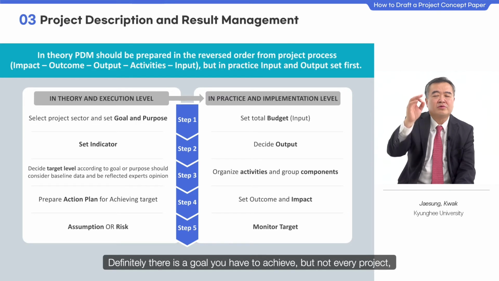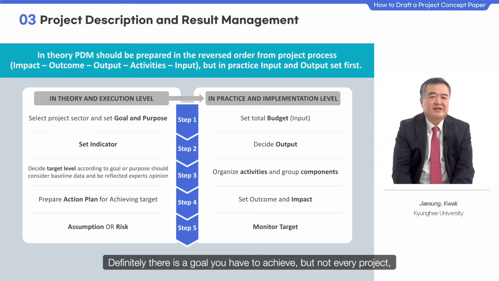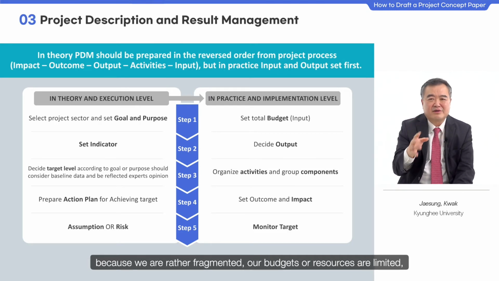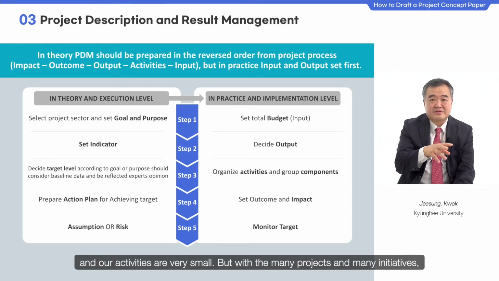Definitely there is a goal you have to achieve, but not even a single project can make a significant impact to achieve this main goal. Because we are rather fragmented, our budgets or resources are limited, and our activities are very small.